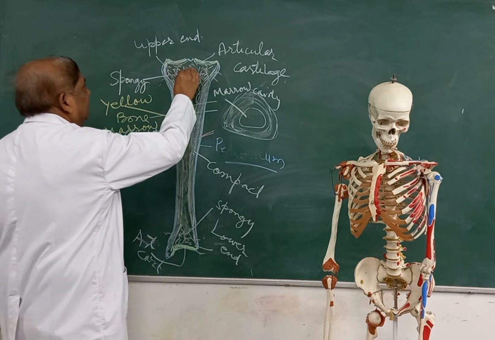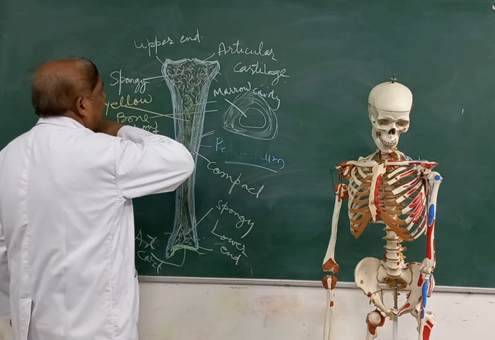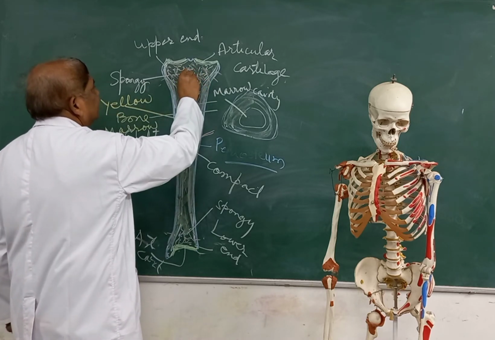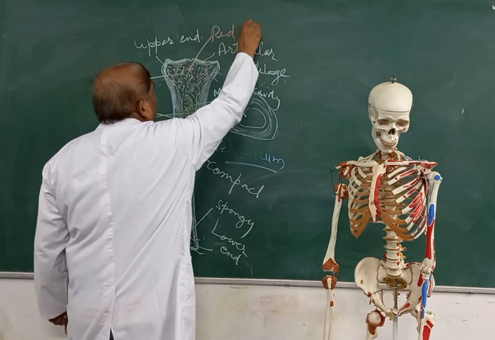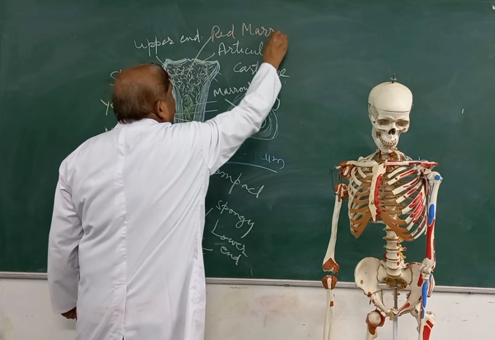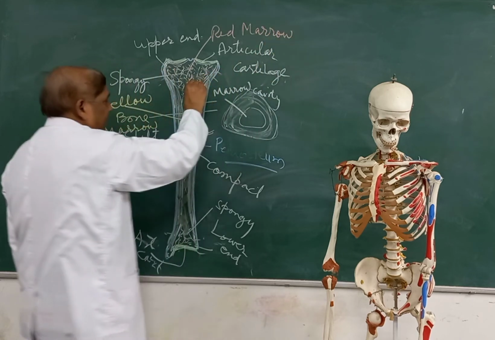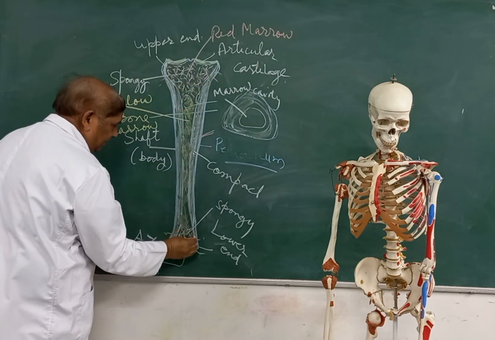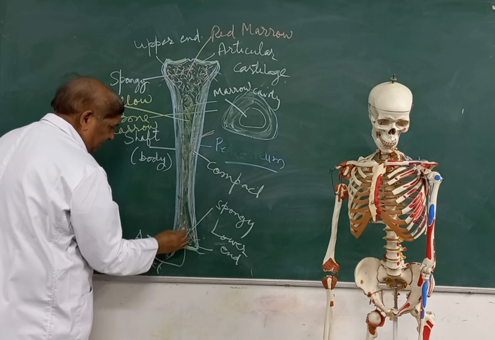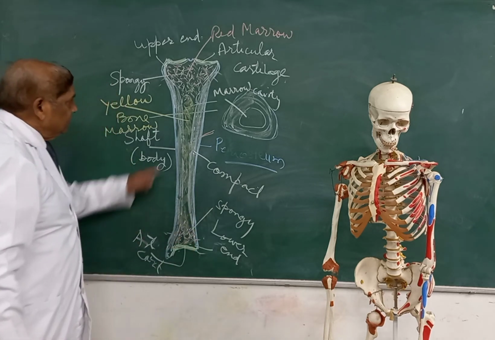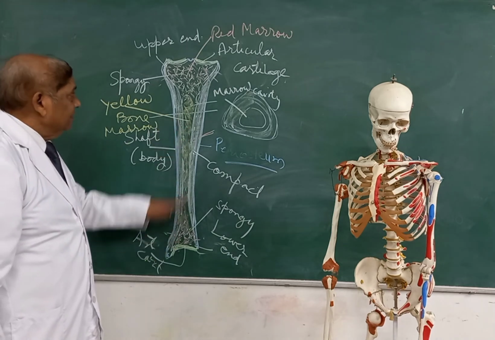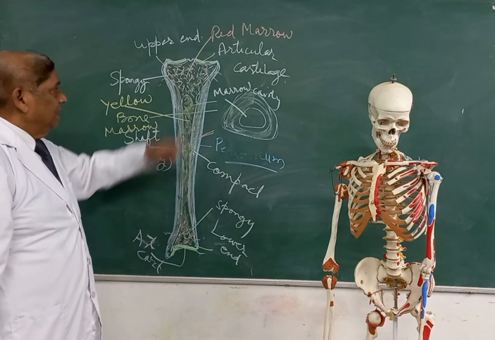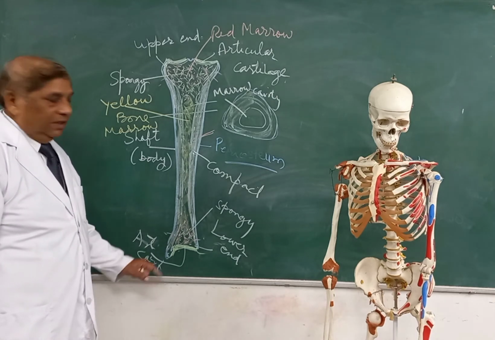In these spaces also bone marrow is filled, and this is called the red bone marrow or red marrow. This red marrow throughout life keeps producing RBCs, not only RBCs but other blood cells. So there is yellow marrow in the cylindrical marrow cavity, and in the spongy bone there is red marrow filling it.